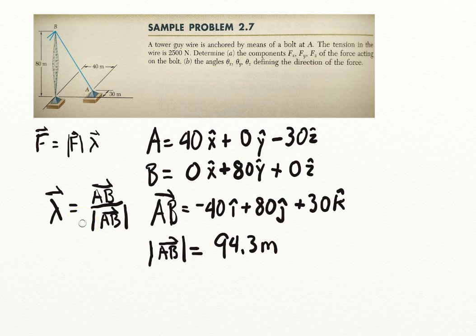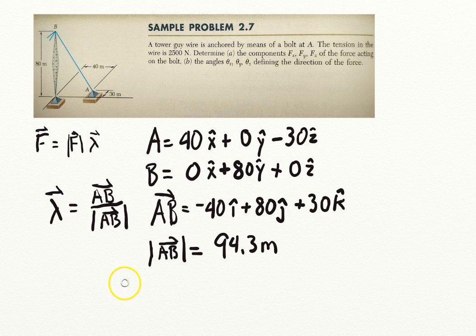So now I can construct the lambda vector. You can see what it's going to be. It's minus 40 divided by 94.3 in the I hat direction, plus 80 divided by 94.3 in the J hat direction, plus 30 divided by 94.3 in the K hat direction.